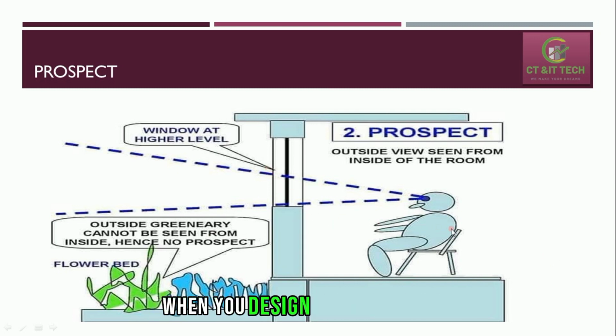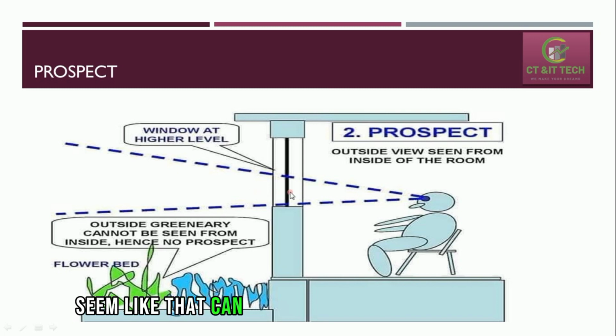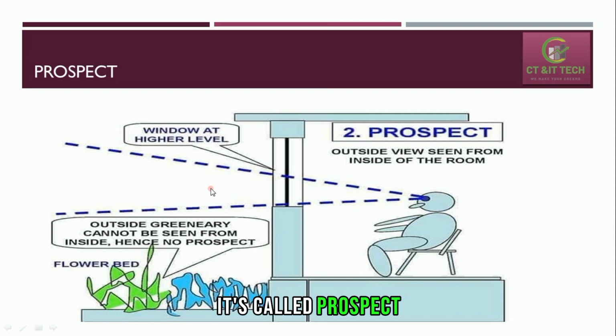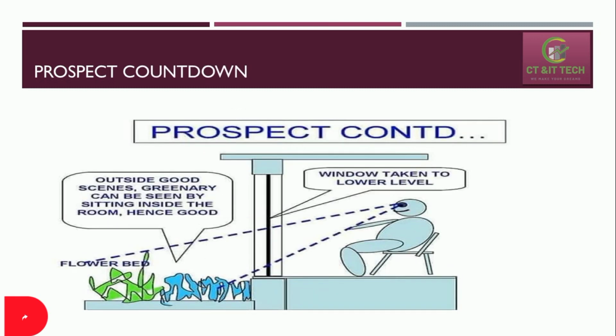When you design a project, you set the height of the window level so that you can see the outside views. That is called prospect. If the outside greenery cannot be seen from the inside, it is not prospect.